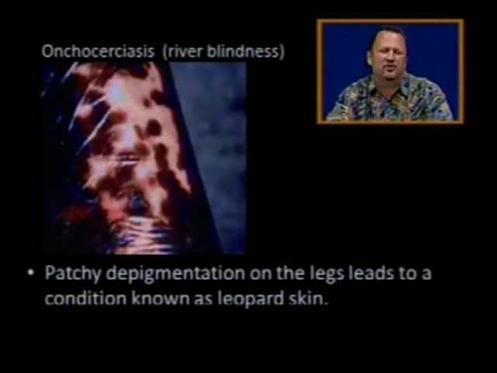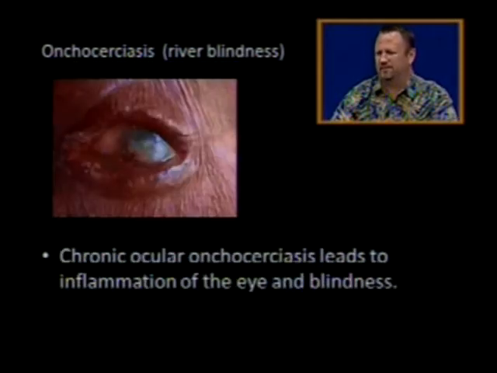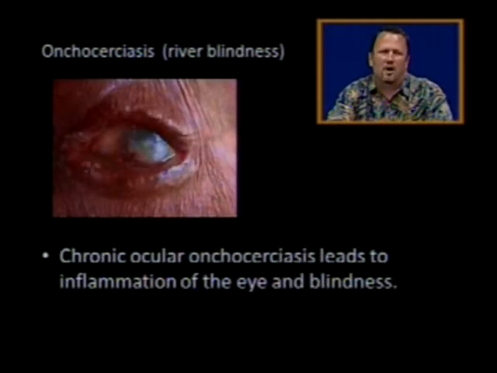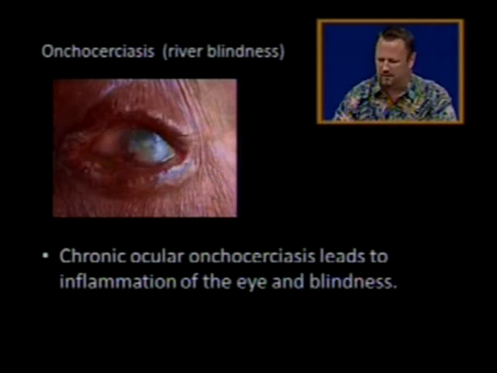Patchy depigmentation, meaning loss of color, on the legs leads to a condition known as leopard skin. Chronic ocular onchocerciasis leads to inflammation of the eye and blindness, hence the term river blindness.